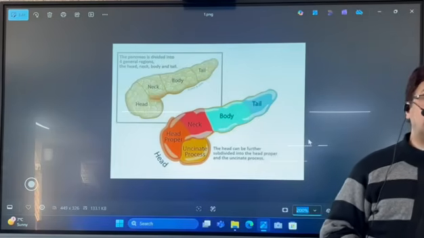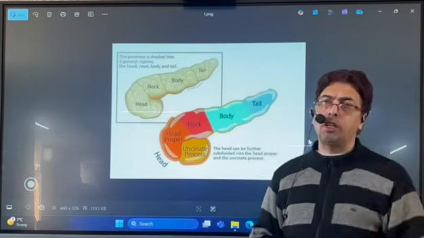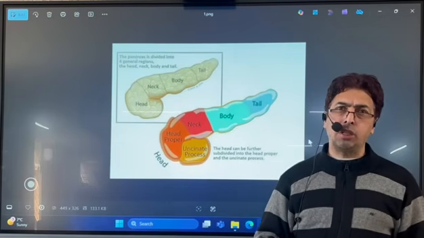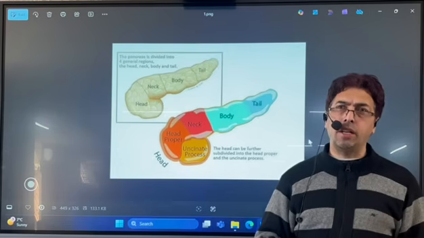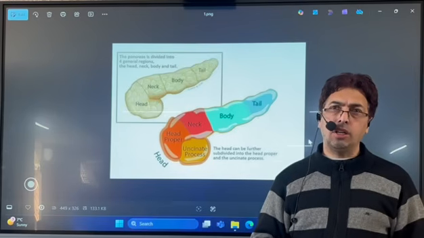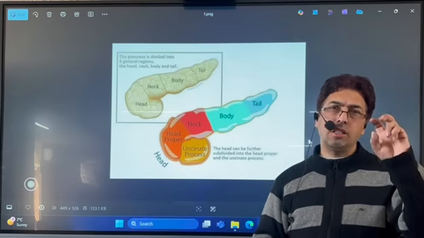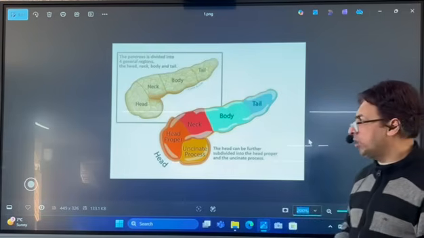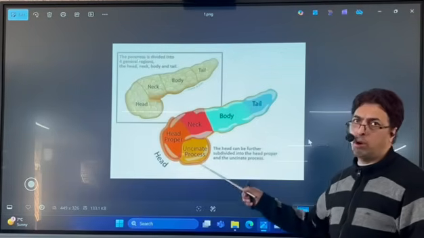Now, there is a very special part of the pancreas: in relation to the head, going towards the neck, there is a slightly different region which we give the name uncinate process.